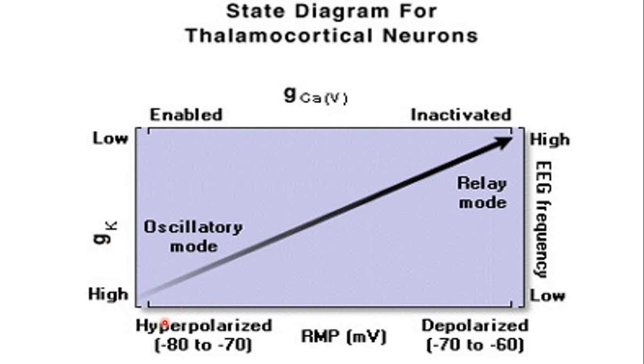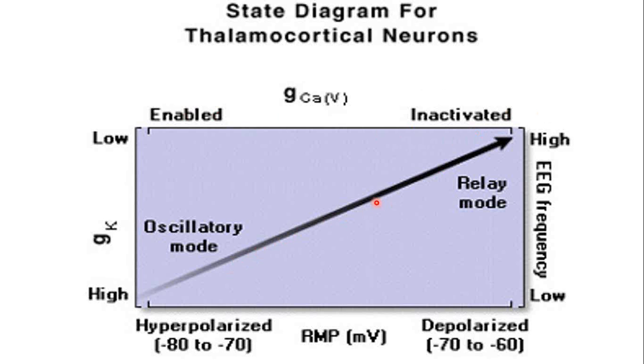And now, up here, we see the conductance for calcium. So there is a spectrum here, a spectrum of hyperpolarization. Here's less hyperpolarization, here's less hyperpolarization, and at the same time, more activation of the voltage-gated calcium channels here, and less activation of the calcium channels here.